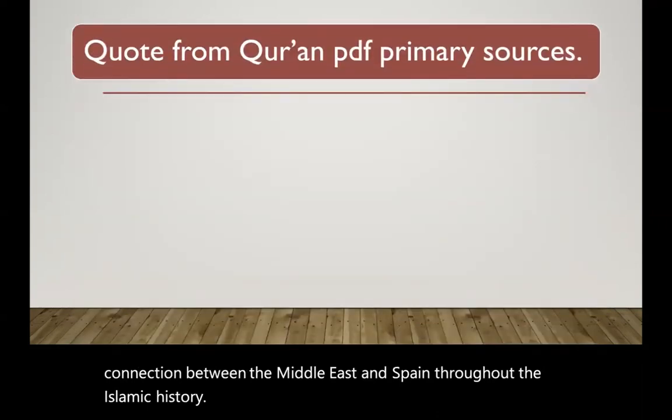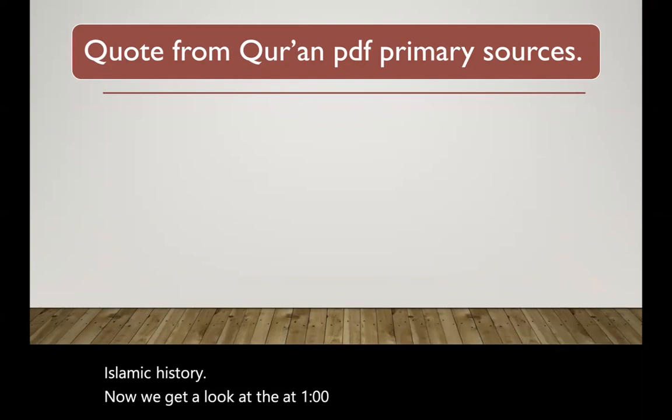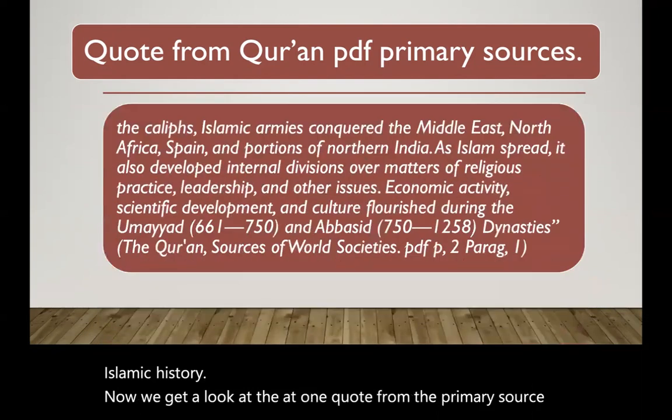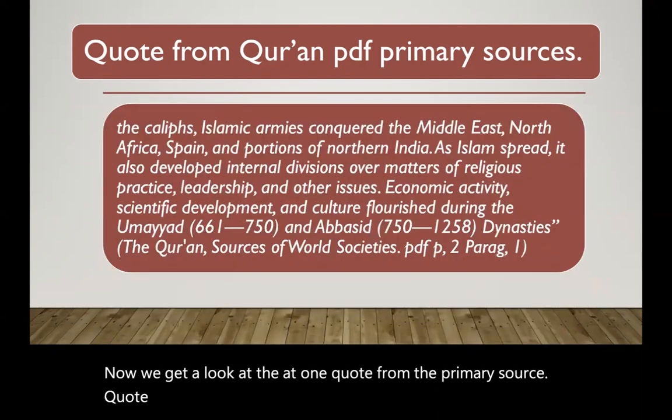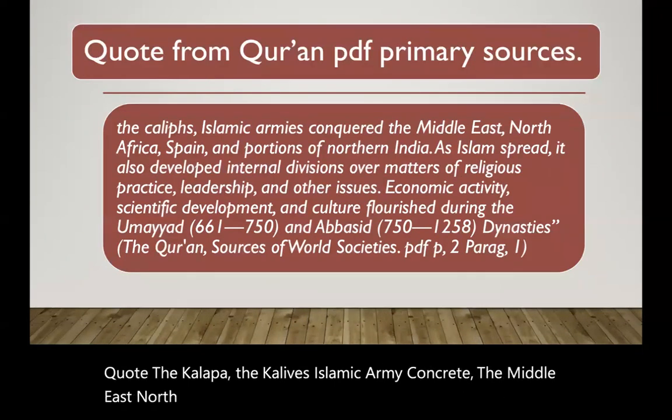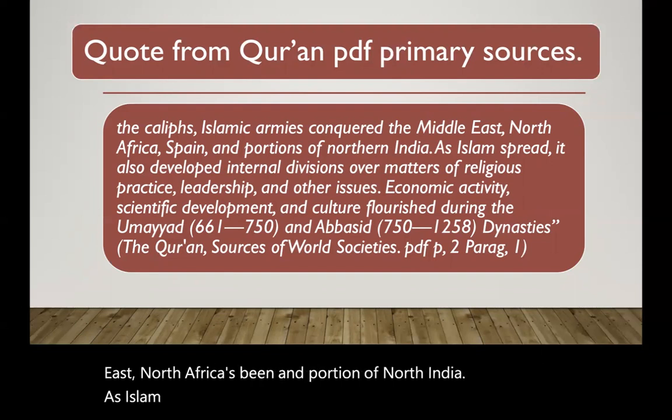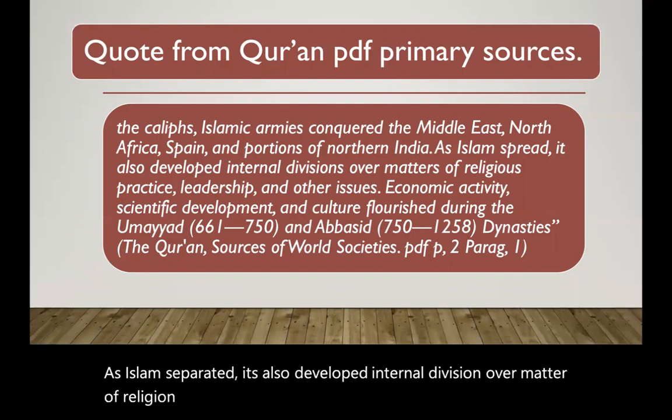Now we're going to look at one quote from the primary source. Quote: the Caliph's Islamic army conquered the Middle East, North Africa, Spain, and a portion of North India. As Islam spread, it also developed internal division over matters of religion, practice, leadership, and other issues.